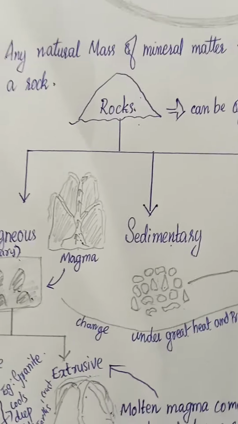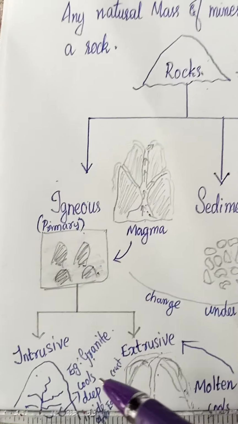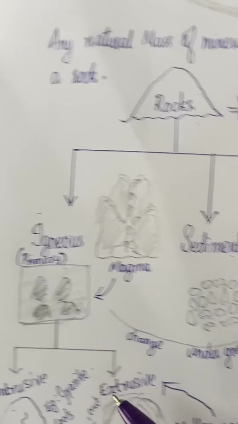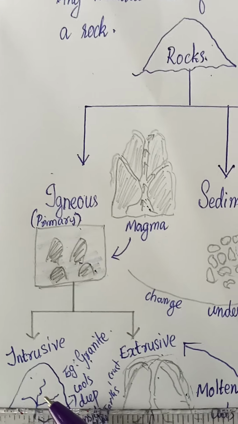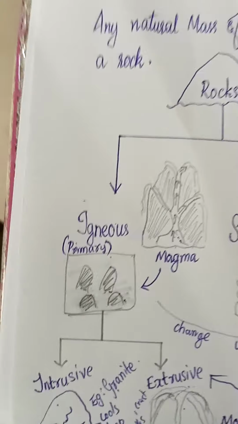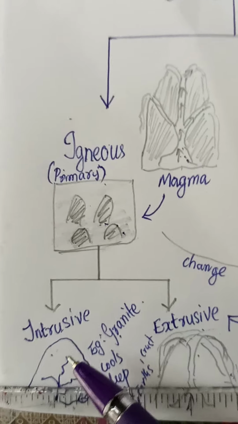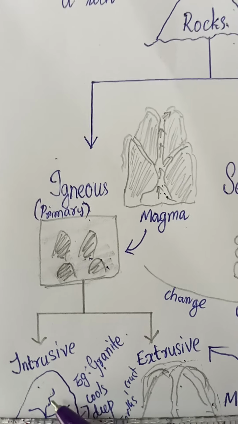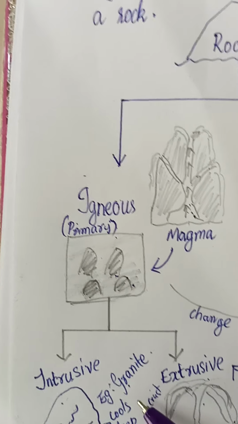Next, igneous rocks can be divided into two: intrusive rocks and extrusive rocks. What are intrusive rocks? They are formed when molten magma does not come out. It stays inside the earth and cools down, forming intrusive rocks, for example granite.